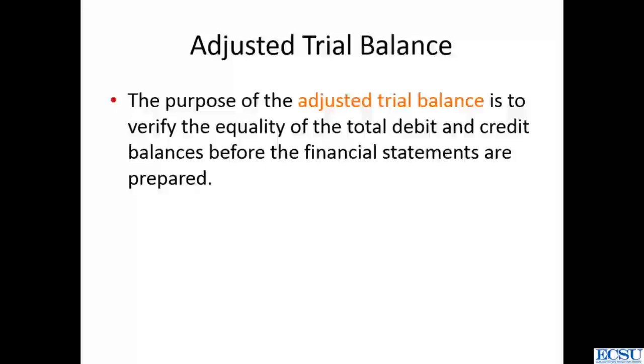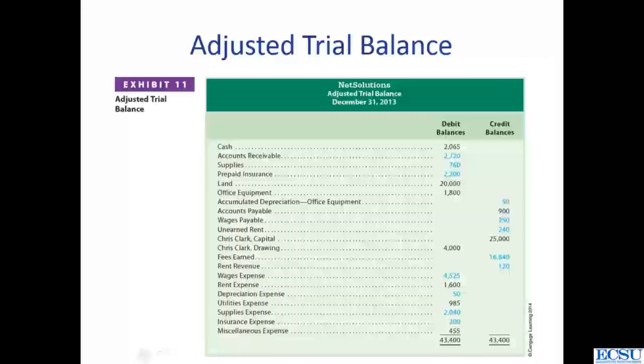Adjusted trial balance is done after all the adjustments have been done. Now, this is the adjusted trial balance, and as you can see, the figures are marked in blue to depict that there have been changes in those balances, and therefore the total will also be impacted.